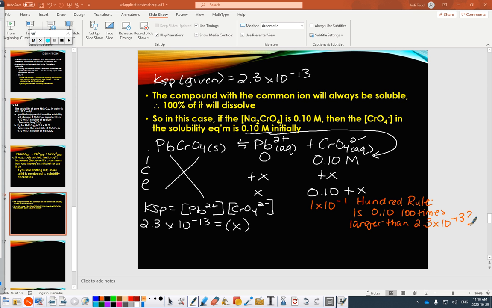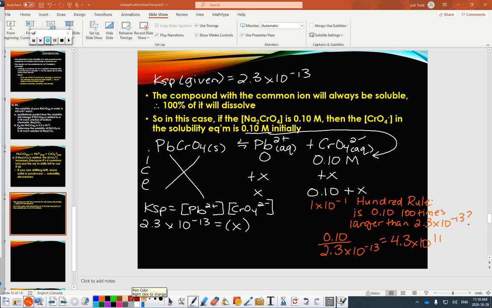The easiest way to figure it out, if you don't like decimal places, is just divide them. That is 4.3 times 10 to the power of 11, which is insanely bigger than 100.